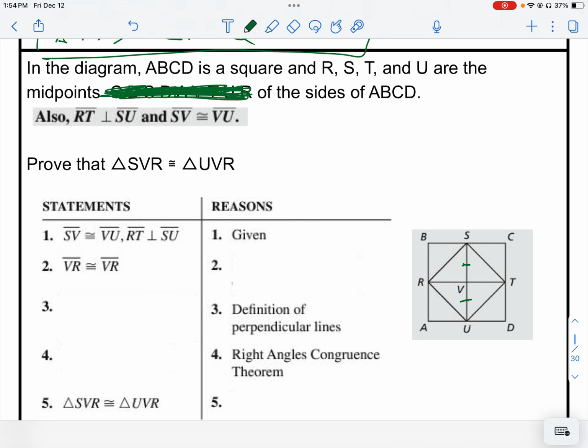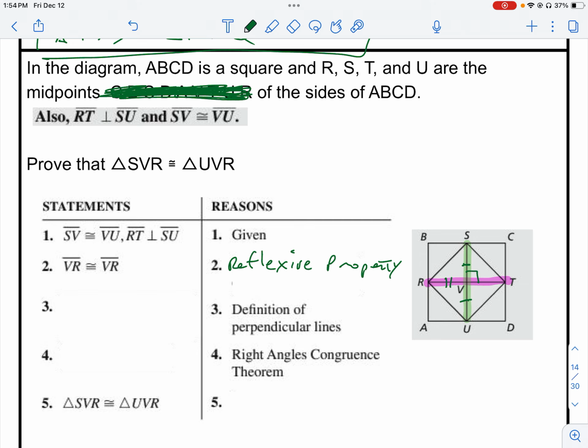RT and SU are perpendicular, that's given. So VR is congruent to VR. Well, that's our reflexive property showing up once again. So that's going to be congruent to itself.